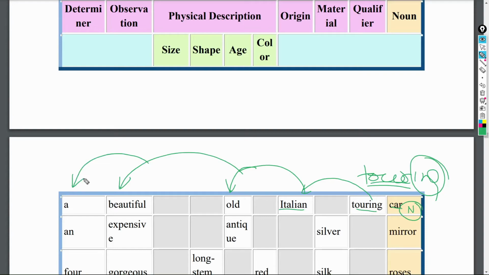Therefore, in a sentence, my dear children, when you are sitting for this competitive exam, तो आपको देखना होगा कि आगे ऐसा कुछ सेंटेंस आता है जिसमें बहुत सारे एडजेक्टिव होंगे, तो एडजेक्टिव आप कैसे लिखेंगे? On the basis of this table you will have to remember. आप कैसे रिमेंबर करेंगे? DOPOMQ.